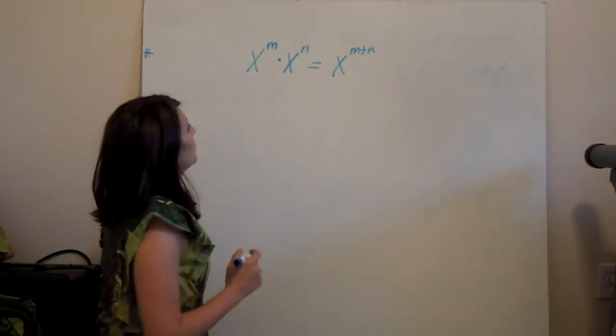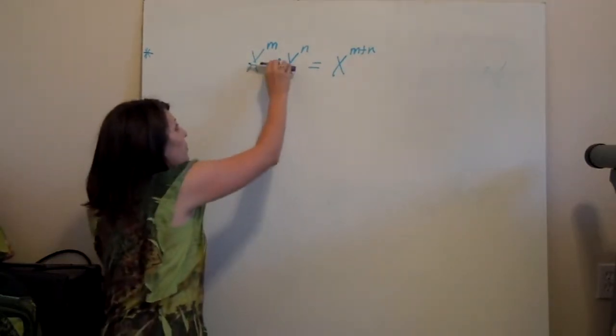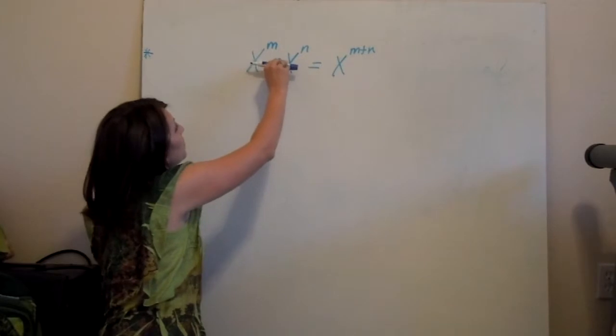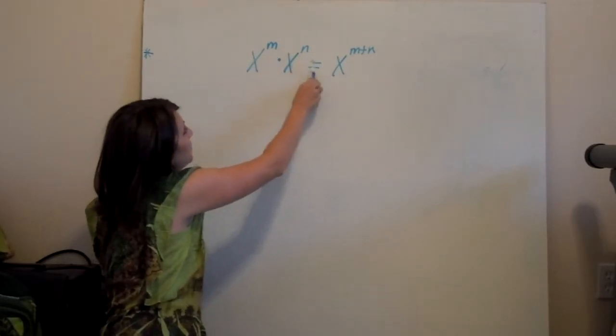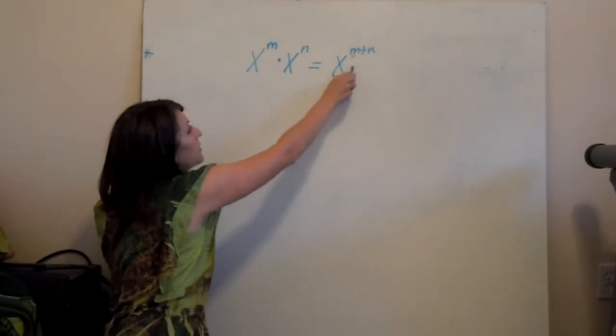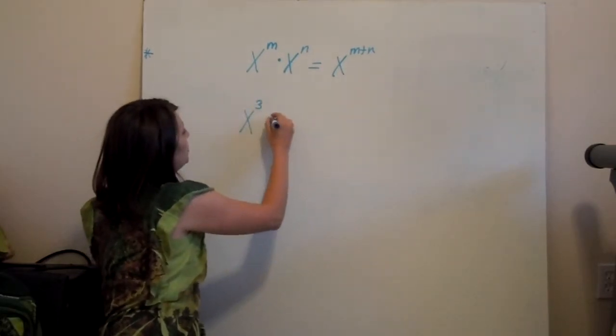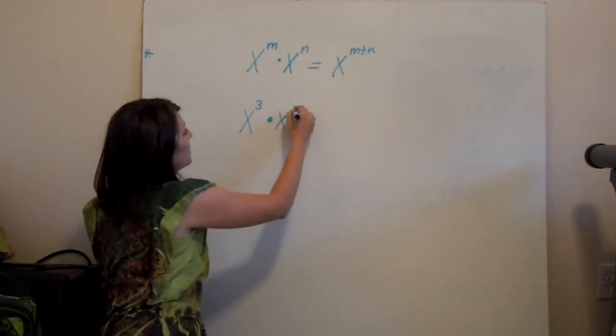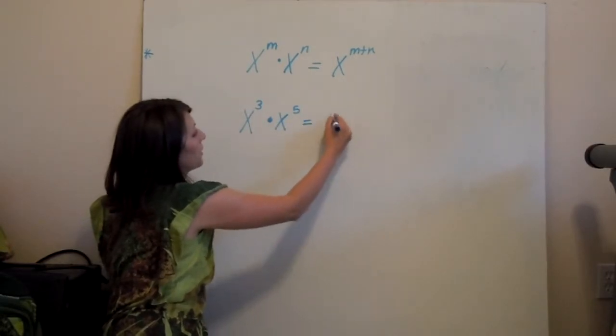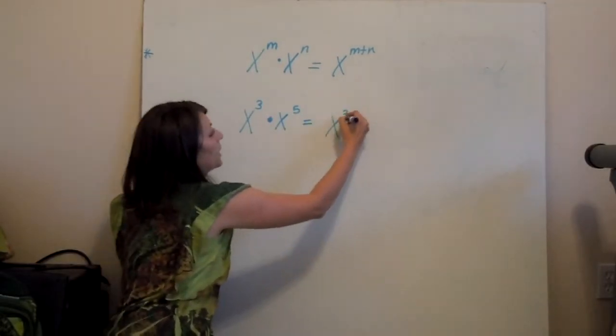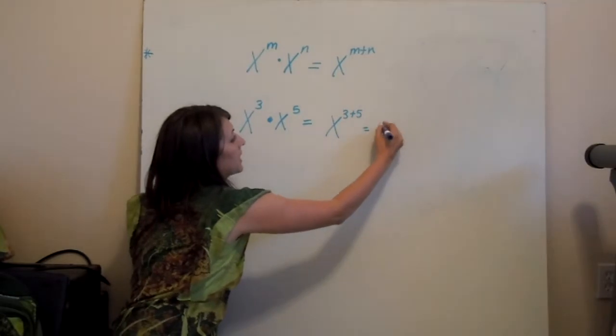So, when we're multiplying real numbers that have exponents in them, we combine our real numbers and add the exponents together. So if we have, say, x cubed times x to the 5th power, we rewrite our variable x, we add our 2 exponents, that gives us x to the 8th power.